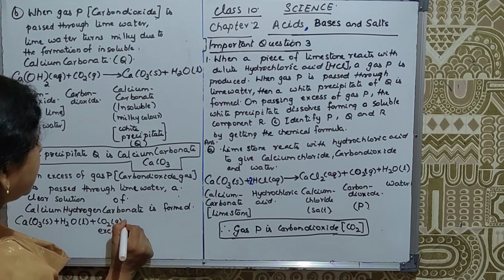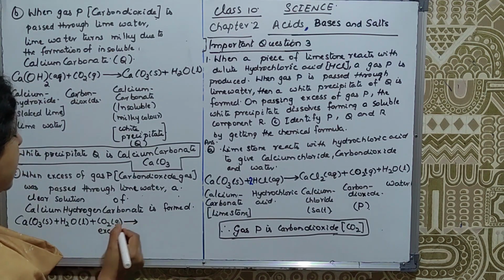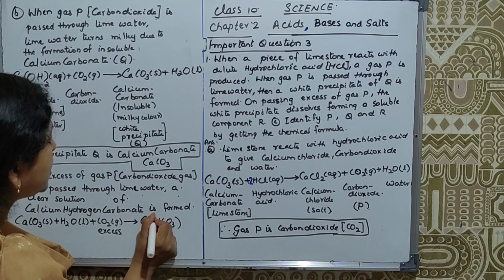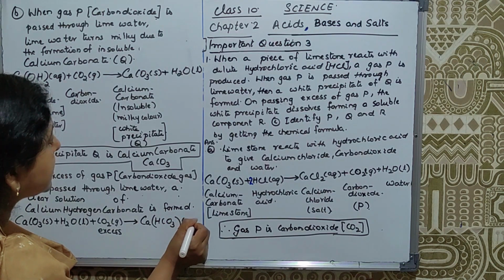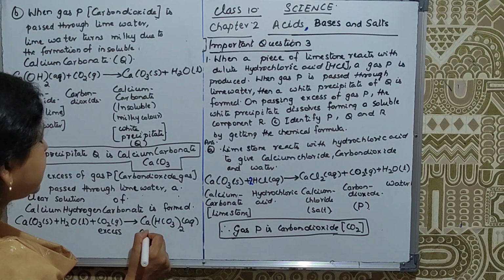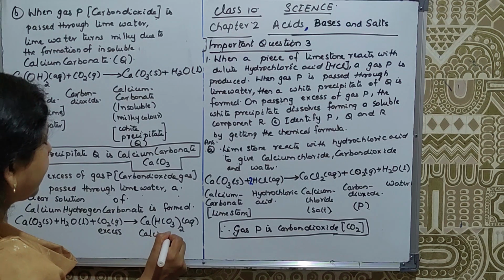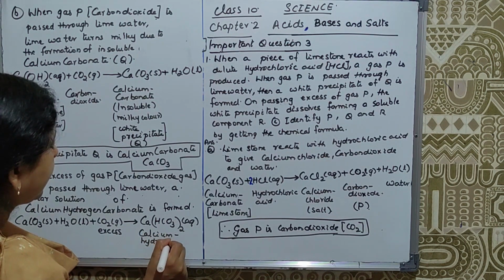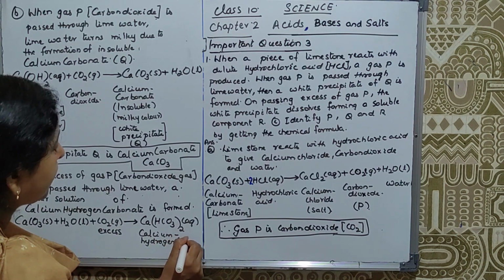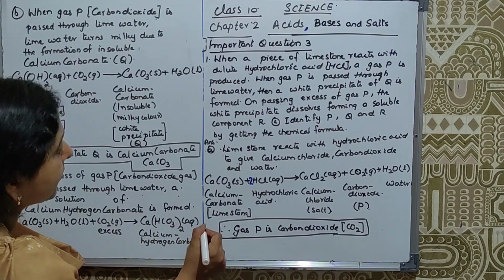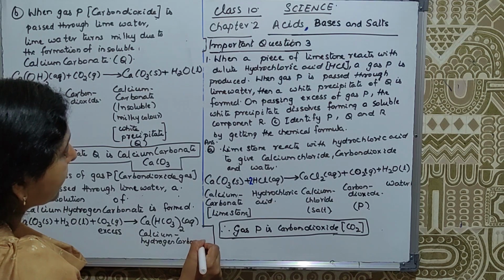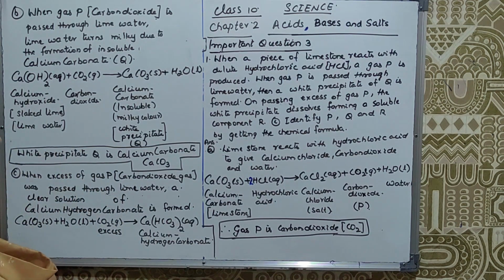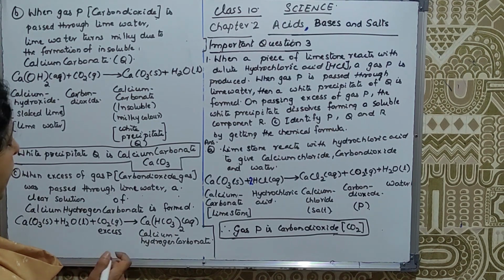So here calcium hydrogen carbonate, Ca(HCO3)2 aqueous, will be formed. This calcium hydrogen carbonate is a clear solution and they dissolve forming a soluble component.